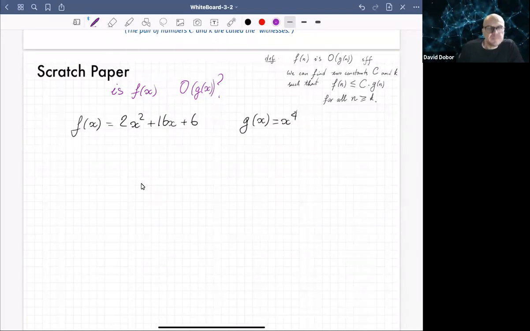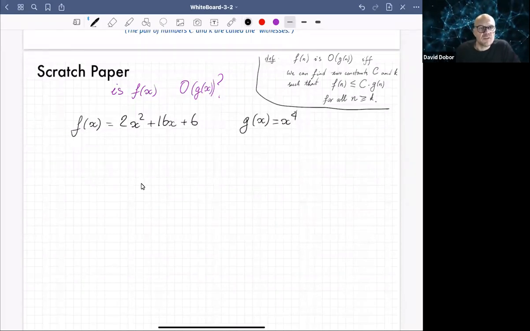That's the question. What do we need to do? Well, we need to find those constants C and K for which this definition holds. That's our goal in every big O question. So let's find out.